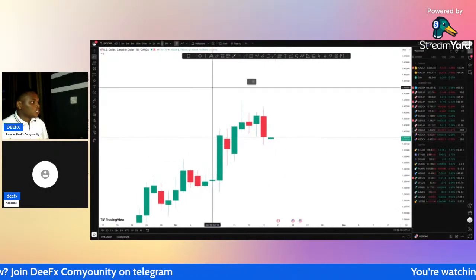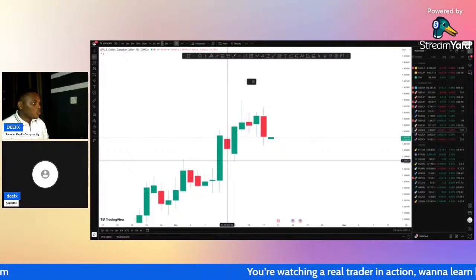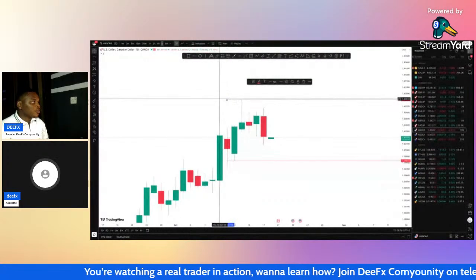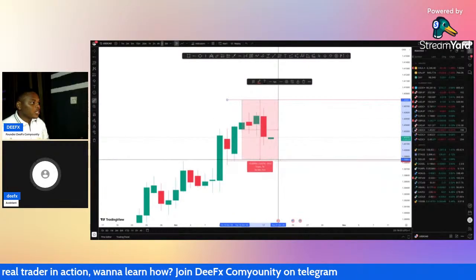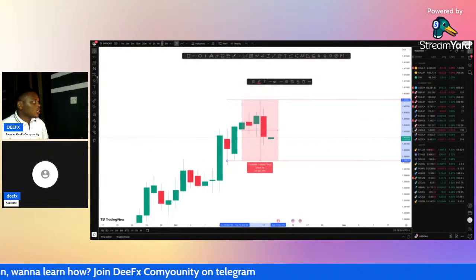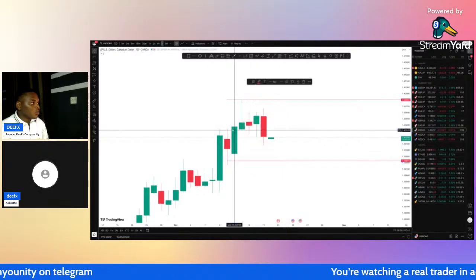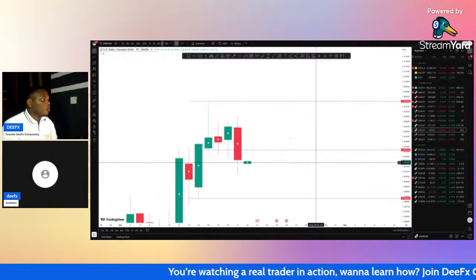So with this now I can just see that this here is the previous week low, and this here is the highest point of the previous week, and then from this now I can take my equilibrium from here down to this point. Since price is currently trading below the equilibrium, I would love to see a retest to the equilibrium, and then from there we can potentially take a sell.